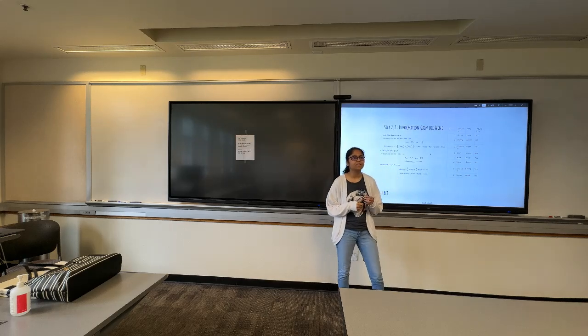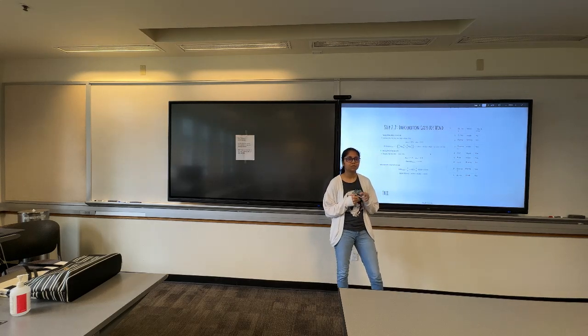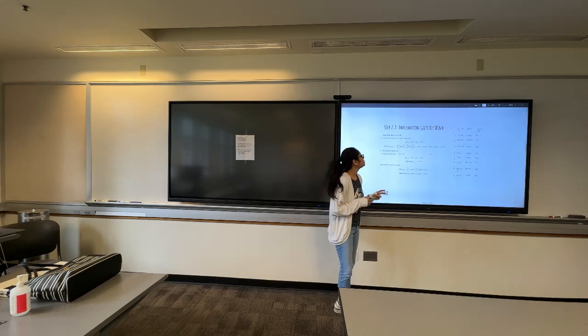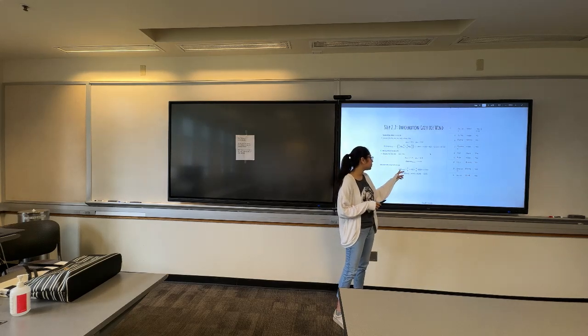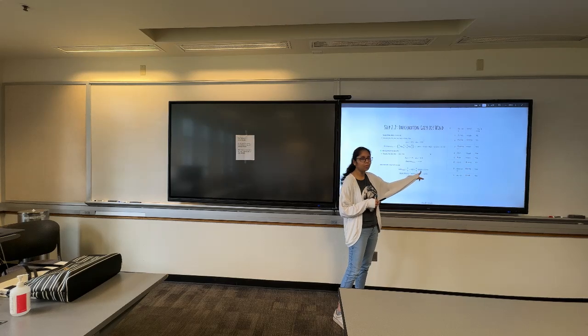We are going to find the entropy of weak, the entropy of strong, and then we are going to find the information. Information is nothing but the probability of wind is equal to weak times the entropy of wind is equal to weak, plus the probability of wind is equal to strong times the entropy of wind is equal to strong. And the information gain is the total overall entropy minus the information of wind.